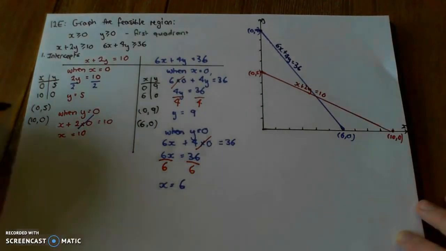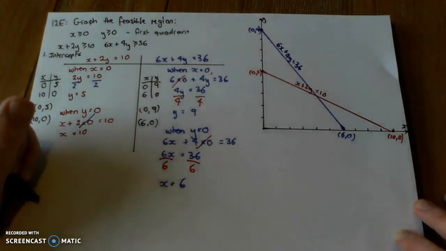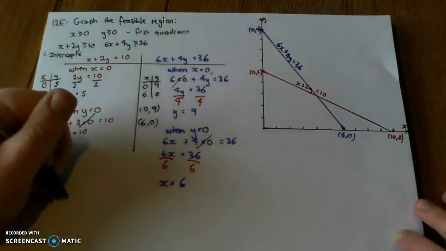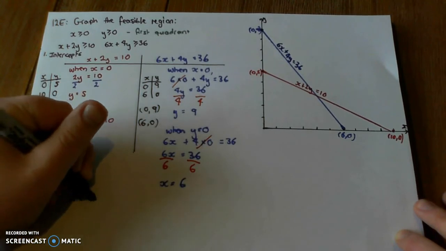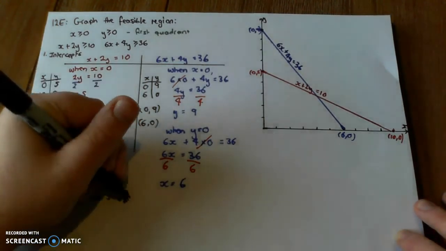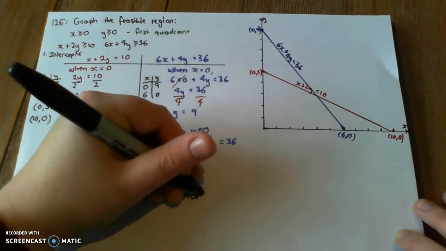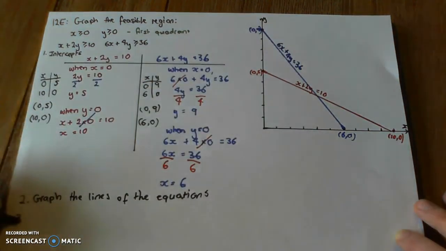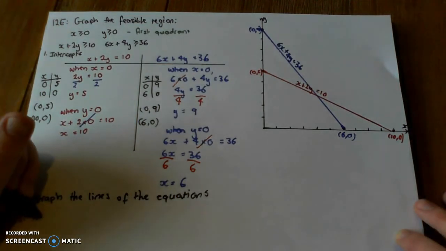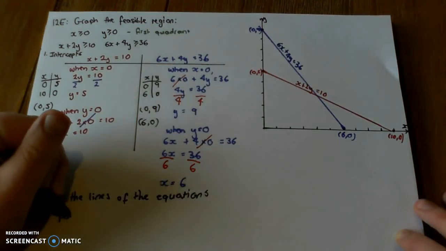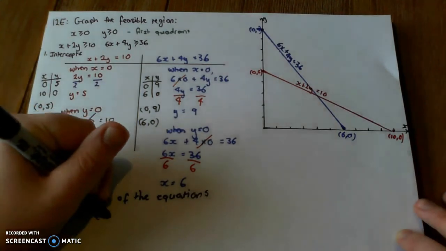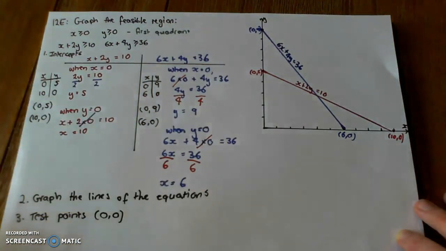So we also need to do some test points, right? So we have now graphed the lines of the equations. And now we need to also do some test points. And we'll use 0, 0 again.